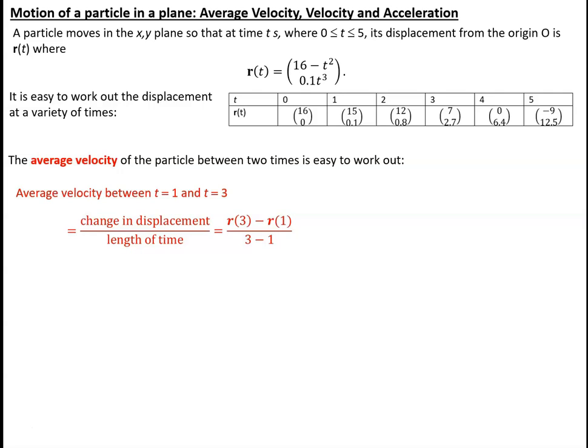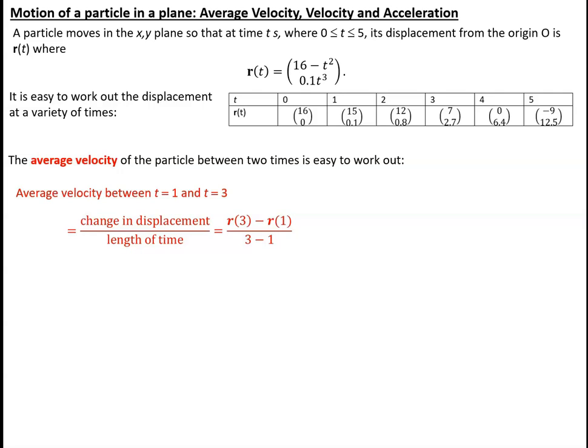So if we want the average velocity between t equals 1 and t equals 3, we take the final displacement, which is r of 3, take away the initial displacement, which is r of 1, and divide it by the length of time, which is 3 take away 1.